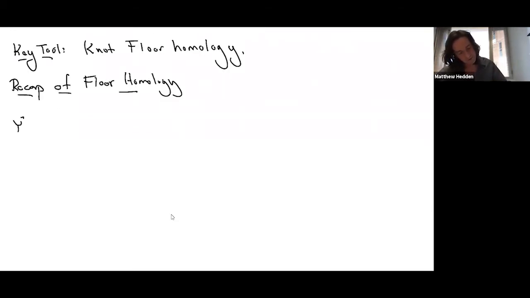So if I have a closed oriented three-manifold, we can present this three-manifold as a Heegaard splitting. That's to say I have a closed oriented surface sigma embedded in the three-manifold that separates the three-manifold into two handlebodies.